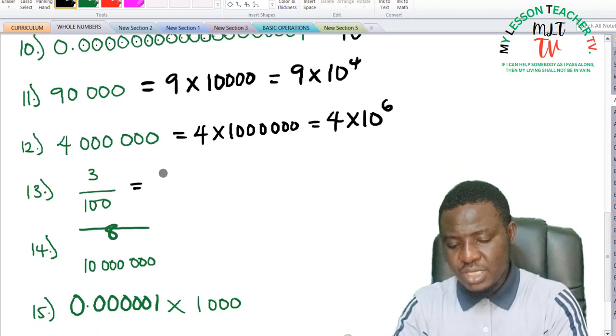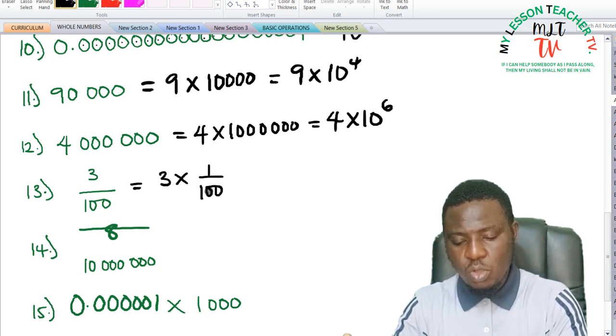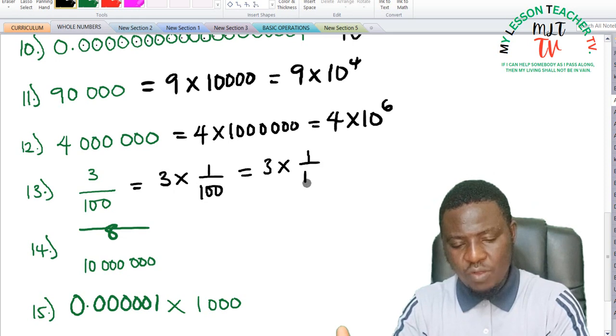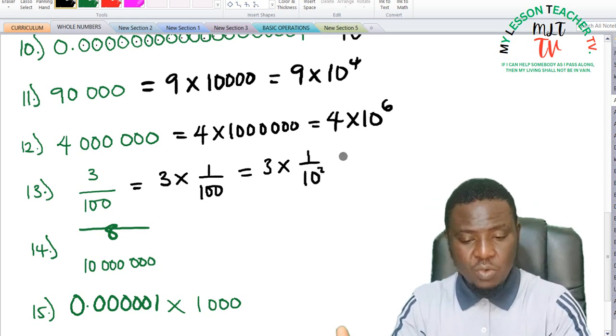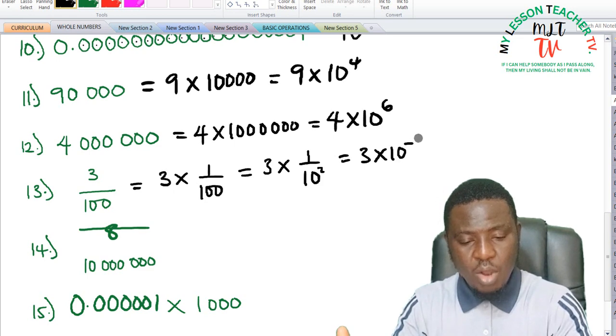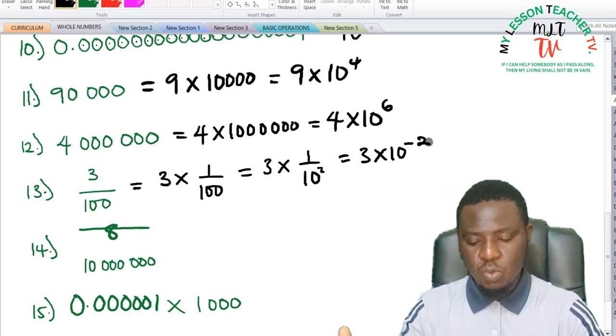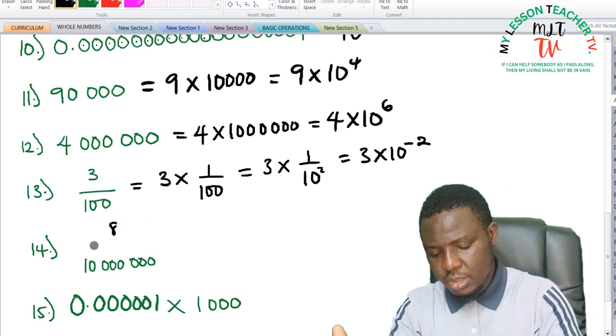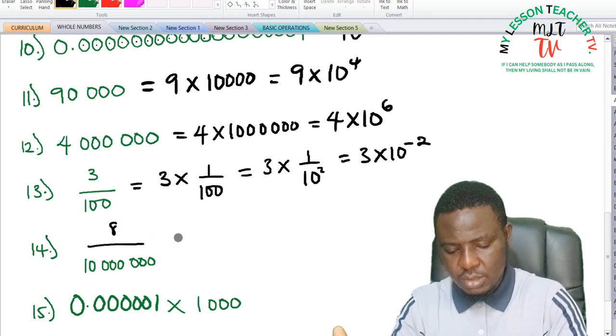13, this can be expressed as 3 times 1 divided by 100, and this is equal to 3 times 1 over 10 squared, which is equal to 3 times 10 raised to the power of minus 2. Based on what we have done, this is 8 over this.